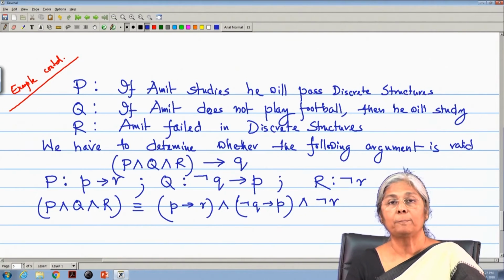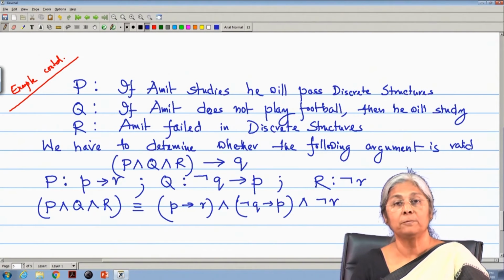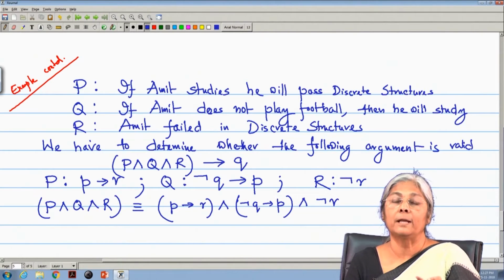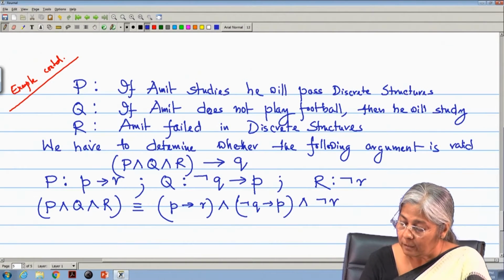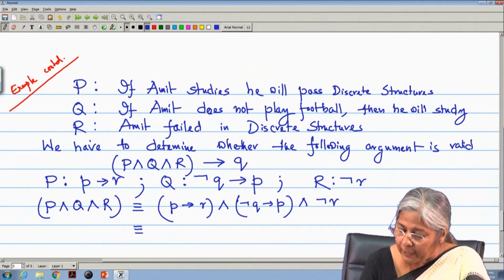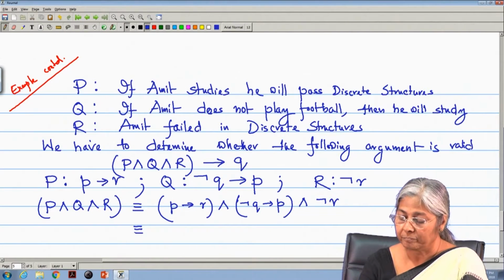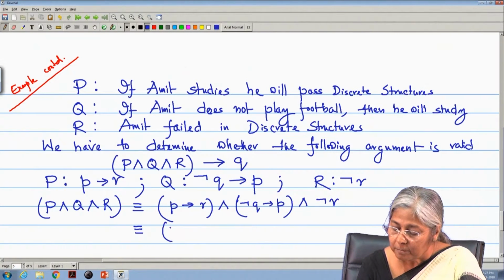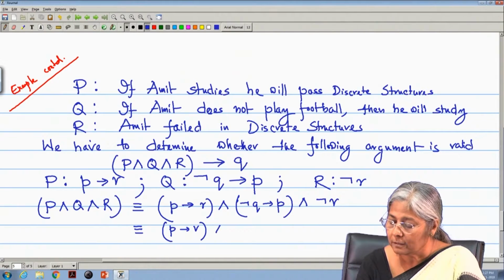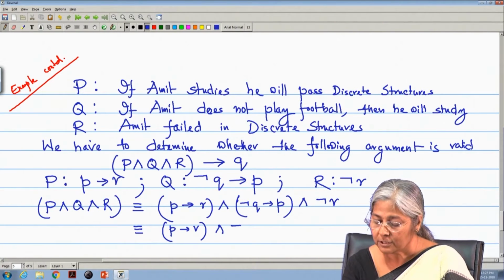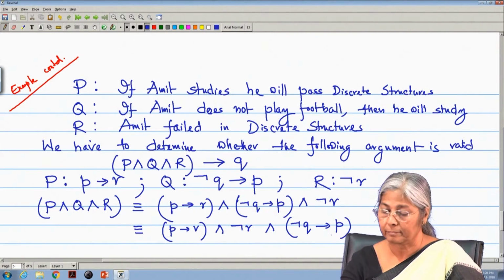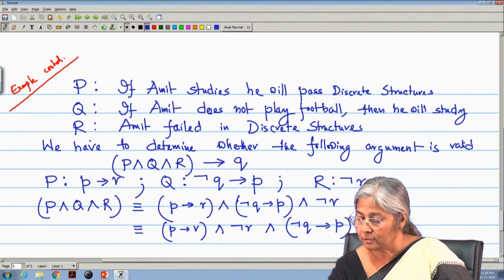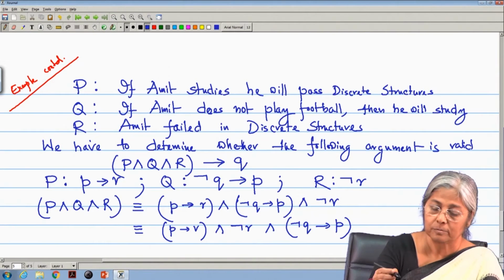Now, we can apply our laws of logic here to check the validity of the given argument. So, we apply the commutative law. We can write p implies r, then I can take negation r first and then negation q implies p. We continue to the next page.